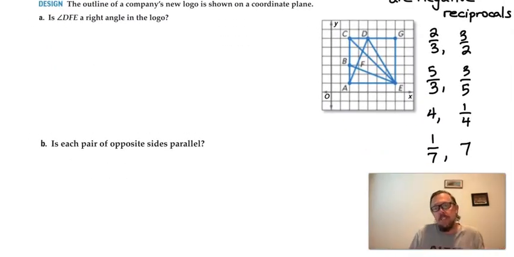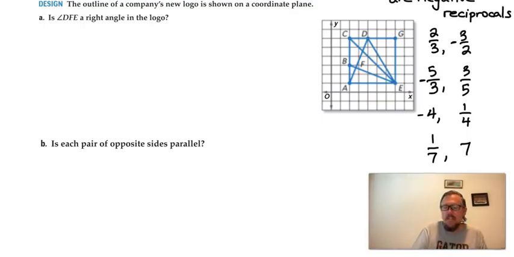Negative reciprocal means we flip it like this, but we also change the sign. So for example, if our number was 2/3, the negative reciprocal would be negative 3/2. If our original number was, let's say, negative 5/3, the negative reciprocal would be positive 3/5.